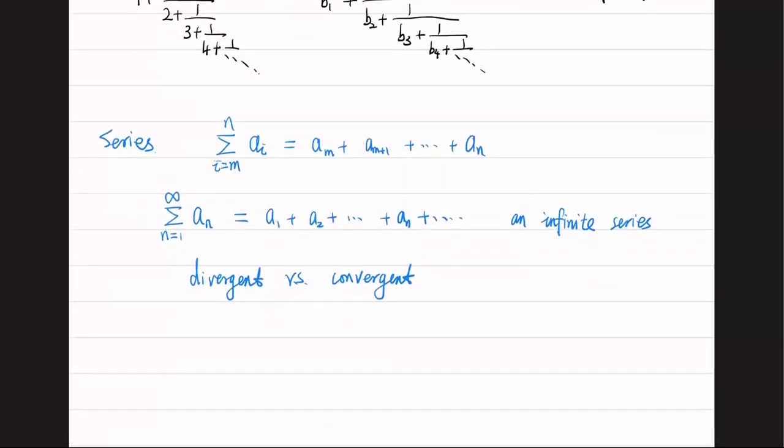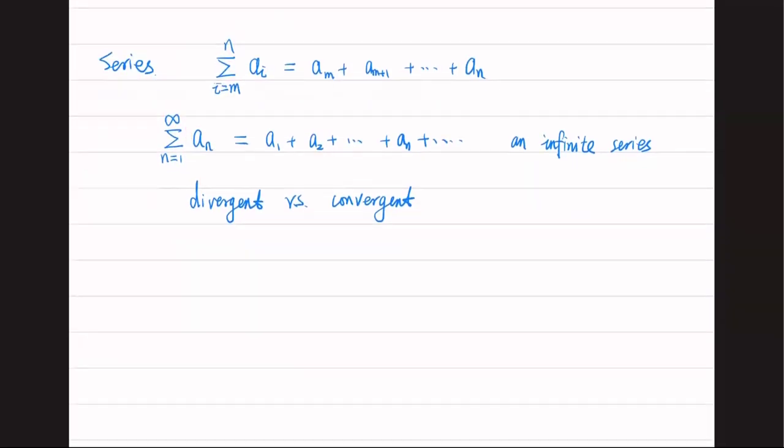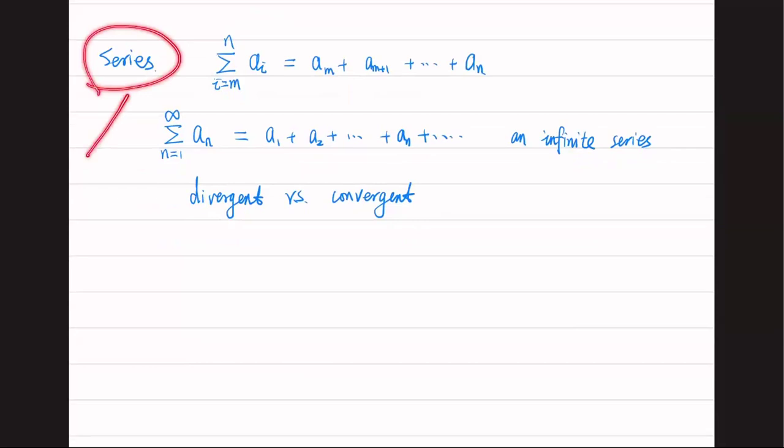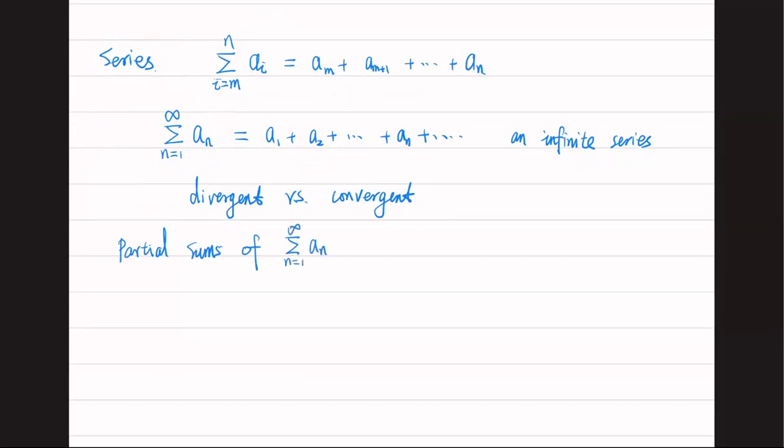Then we move on to series. So in a series, we add a sequence of numbers. The study of a series is closely related to the study of sequences because we can introduce the sequence of partial sums. We use Sn.